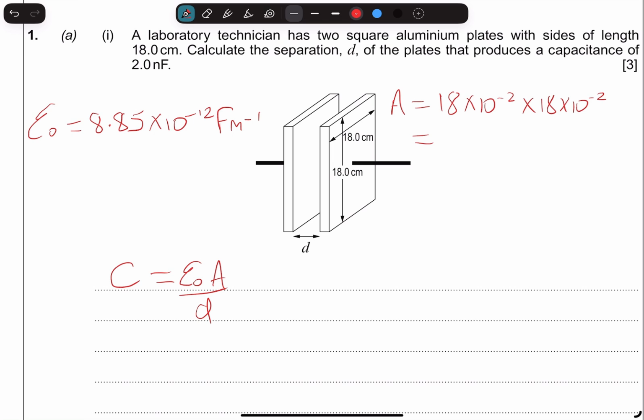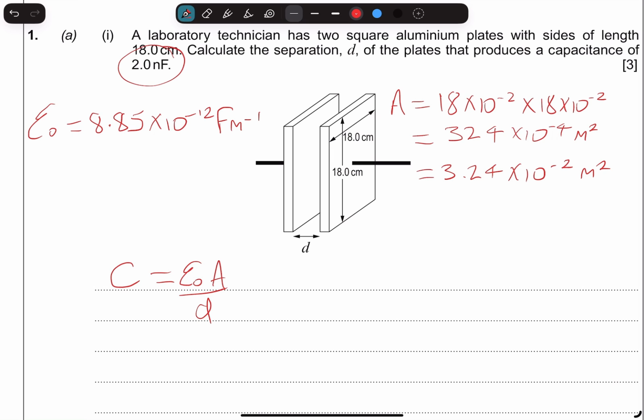What you'll notice here is I've changed it into meters by using the times 10 to the minus 2 factor, and that will make it easier for us later on when we use this data. So that's going to give us 324 times 10 to the minus 4 meters squared, and we can write that as 3.24 times 10 to the minus 2 meters squared. So that's our area.